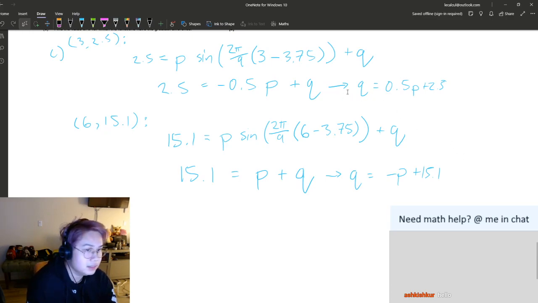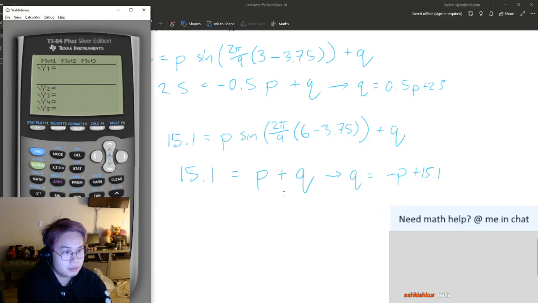And then you can see that q will be the y value of the intersection, p will be the x value of the intersection. So 0.5x plus 2.5, and then down here we have negative x plus 15.1.